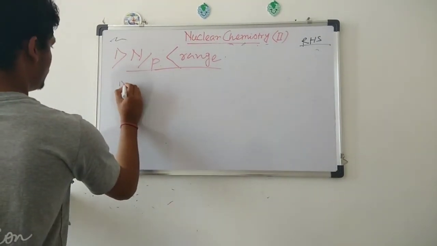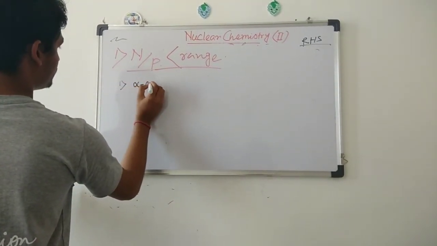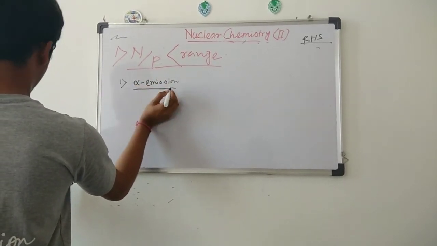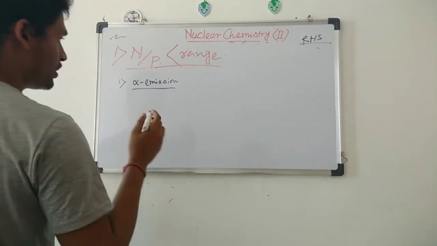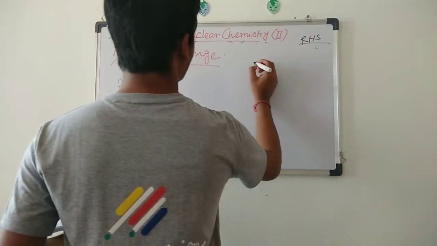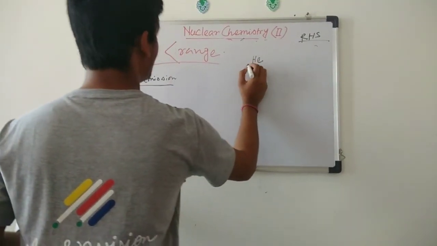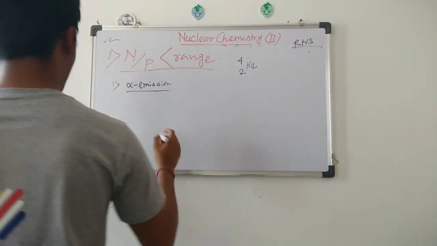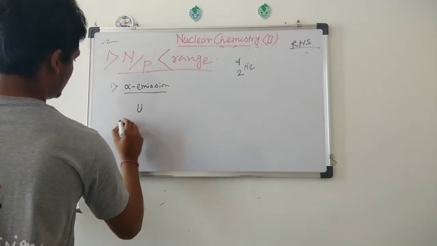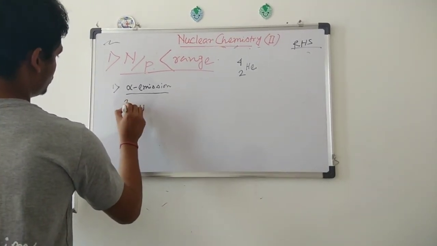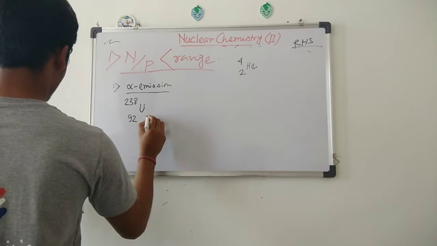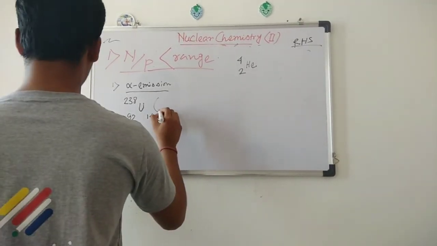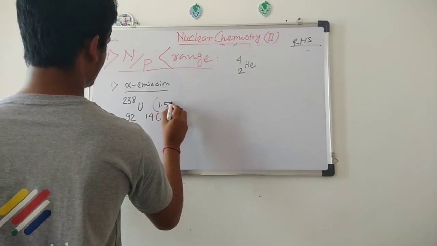The other is alpha emission. If alpha emission occurs, the N by P ratio will also change, because alpha is like a helium nucleus with mass 4 and charge 2, so 2 neutrons and 2 protons are emitted at a time. Let me take one example: uranium 92, mass 238, with 146 neutrons. The N by P ratio is 1.58.